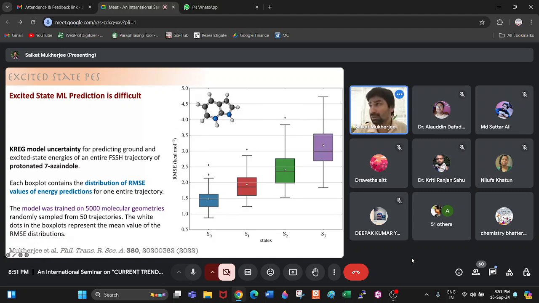This is, I think, the azaindole molecule. As you can see, when I go up in the excited states, my errors are increasing. By the way, this plot is from 2022, but nowadays we are doing much better than this, but not yet to the mark.